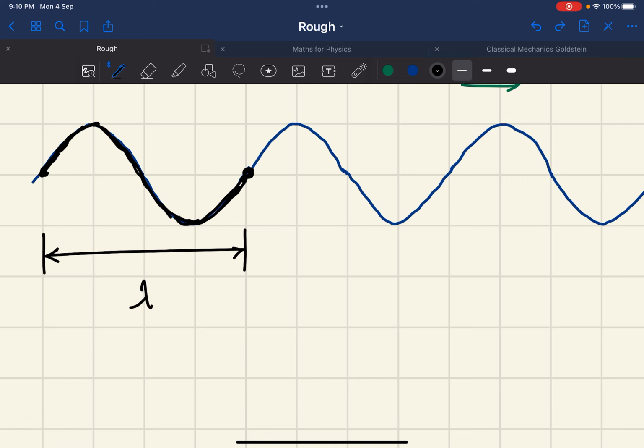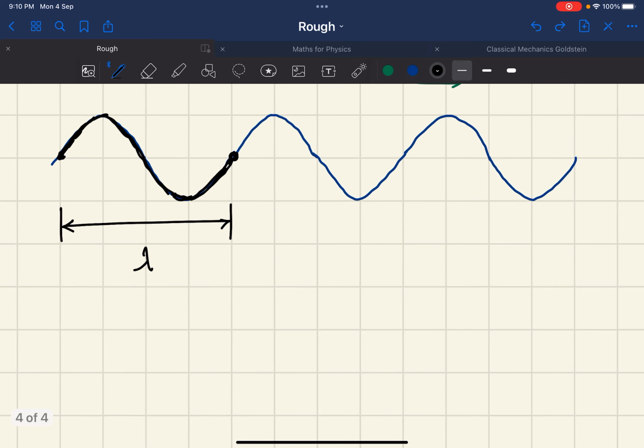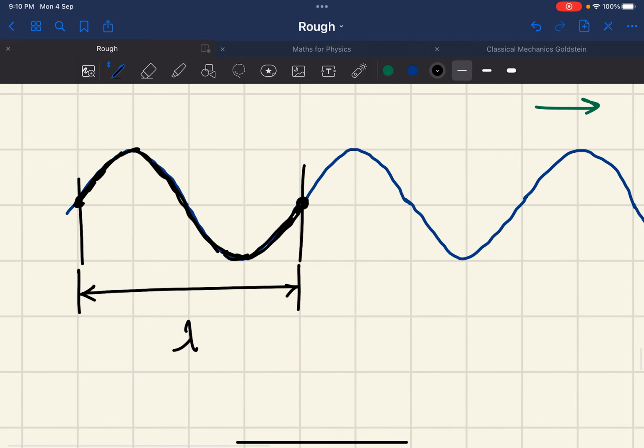So when we talk about one cycle, I would think of it as one wavelength. Then half a cycle will be half of a wave.